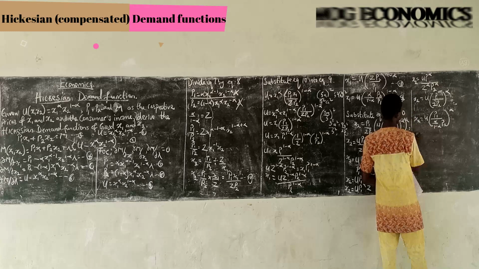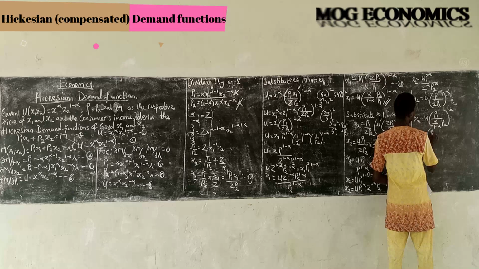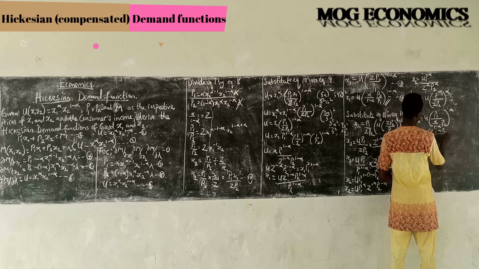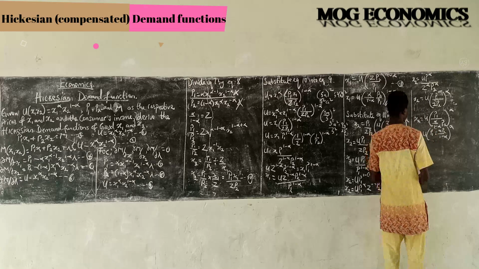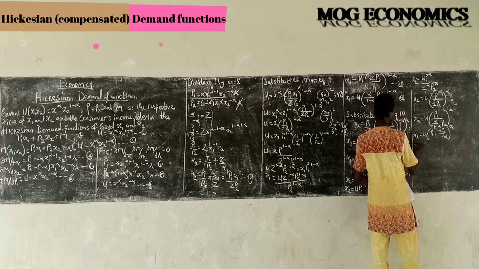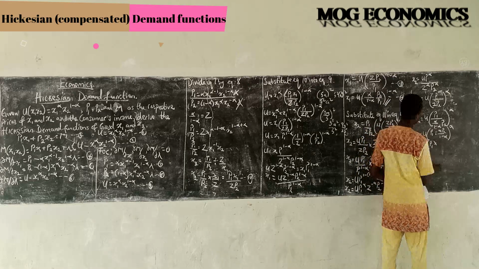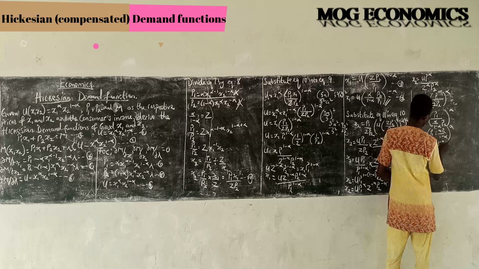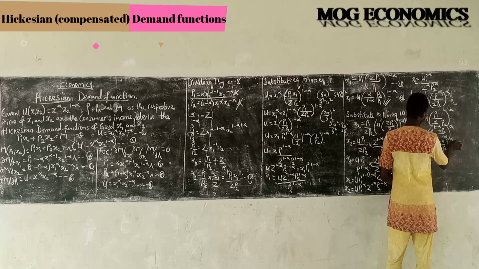So simplifying, x2 equals u into brackets p1 times 1 minus alpha over alpha p2, raised to alpha. I'm running out of chalk seriously today.